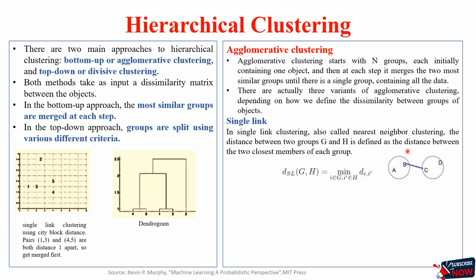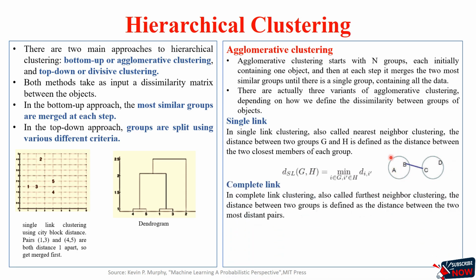For example, A and B are the members of this cluster and C and D are the members of this cluster. In single link clustering, you can merge if B and C are at a minimal distance. You need not consider A and D as far as single link is concerned.